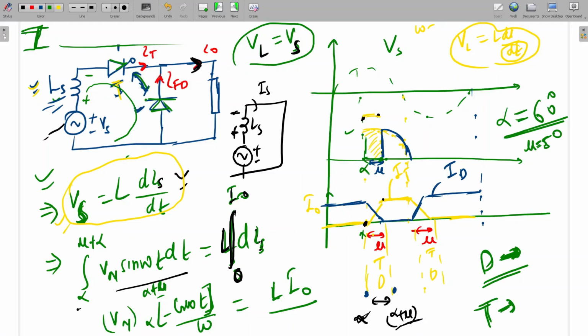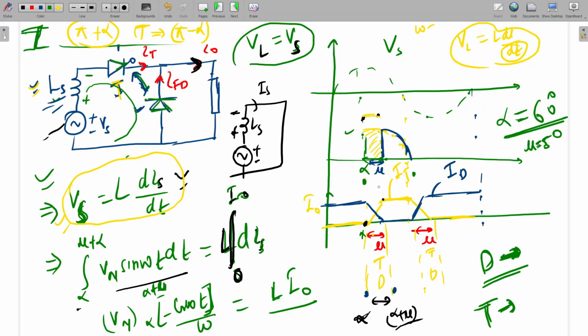See, previously what was the equation? Without overlap, diode was conducting for pi plus alpha and thyristor was conducting for pi minus alpha. See, here to here, this point is alpha, this point is pi, so pi minus alpha.